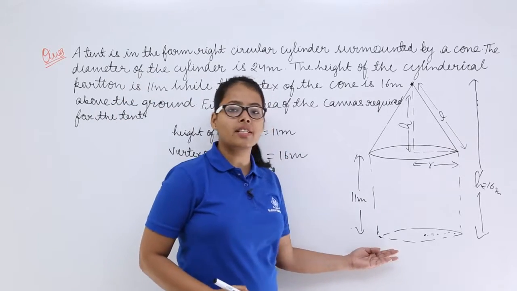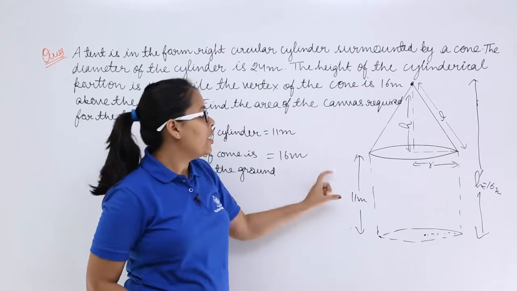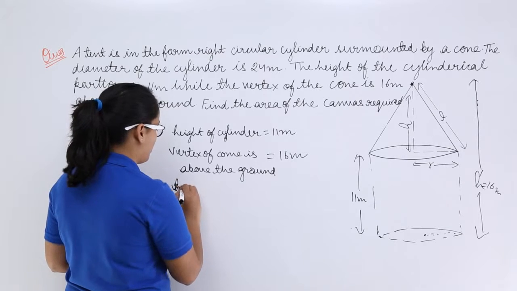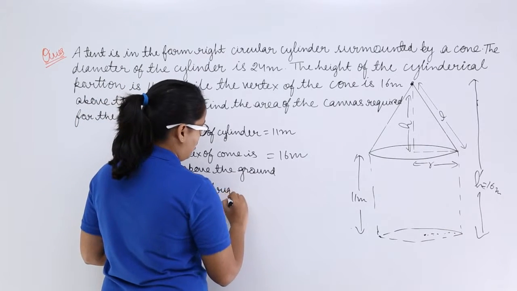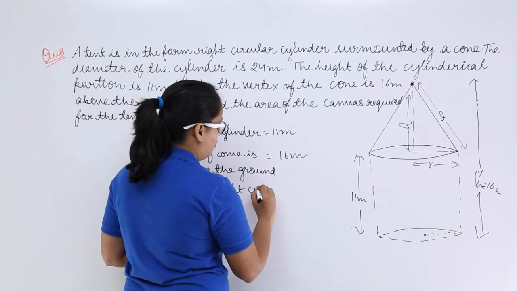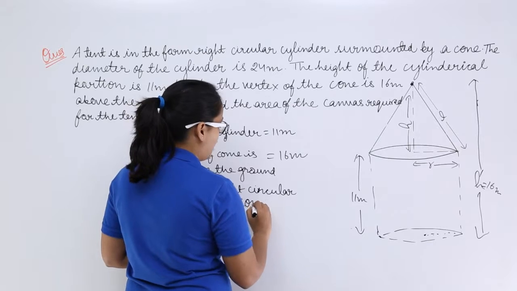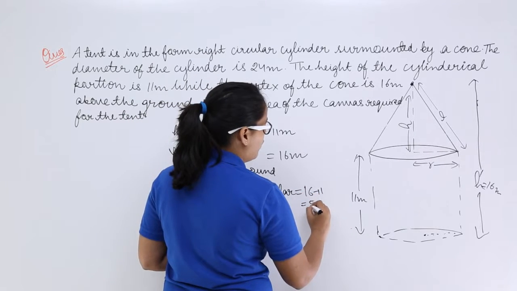So from this reference, this vertex is 16 meter above the ground. Now the height of the right circular cone is going to be 16 minus 11, and this will give you 5 meter.